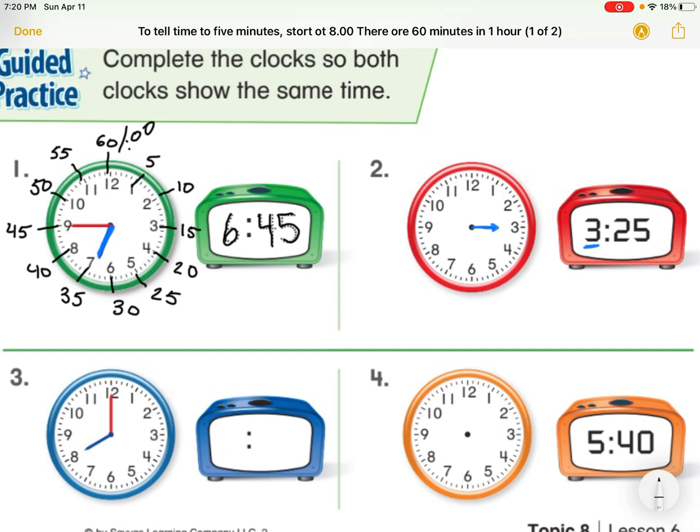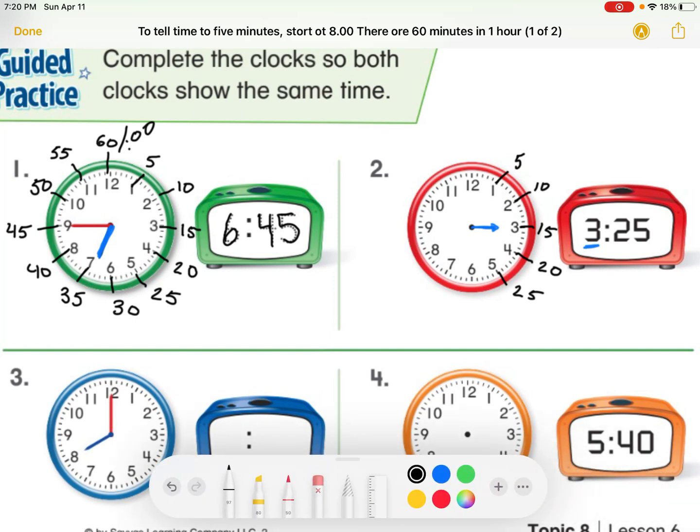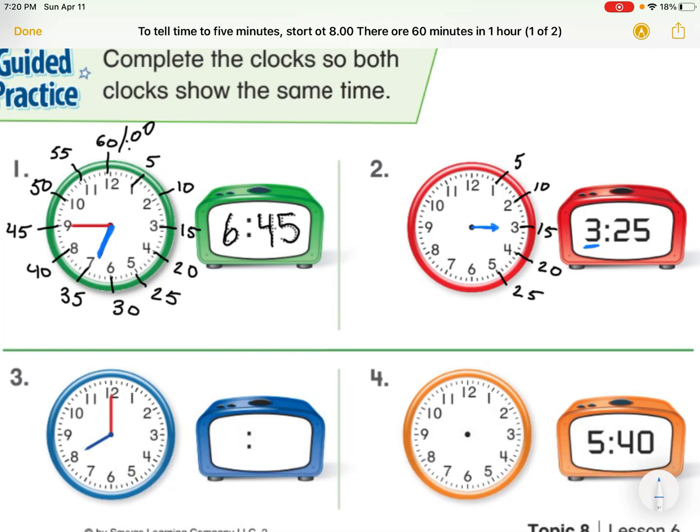Now for my minutes, again, let's count by 5. So I know when is 25. 5, 10, 15, 20, 25. So I know that my minute hand needs to be pointing at the 5.